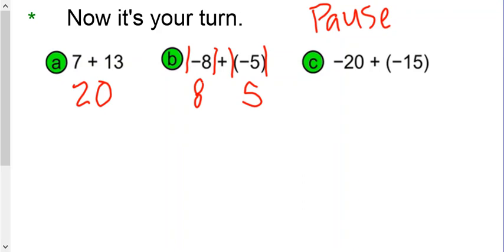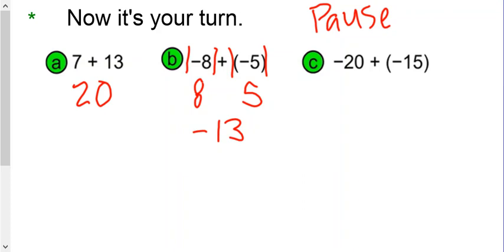Okay, and now, which number has the higher absolute value? We're going to use that sign. Well, in this situation, they both have negatives, but the 8 is the higher absolute value. If we combine these numbers, we get 13, and then we use that sign there, negative 13. And again, you could check this on a number line, or you can use the positive and negative soldiers that I used earlier.